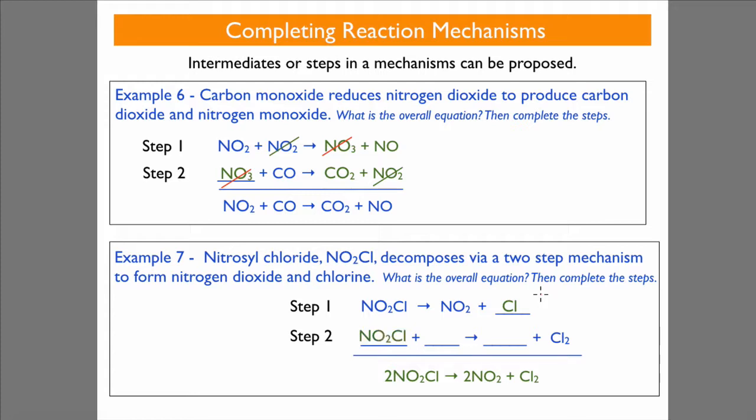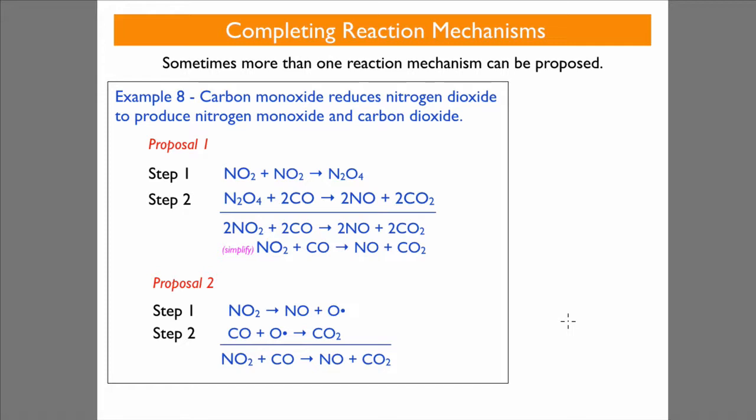Then the nitrosyl chloride will react with that free chlorine atom to form nitrogen dioxide, and the two chlorines will react together to form chlorine gas. We just double check, right, by cancelling out the intermediates.